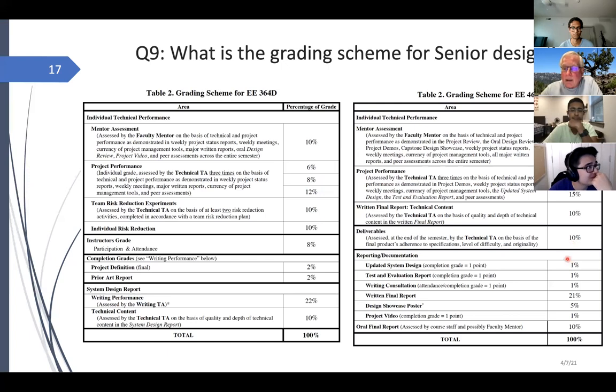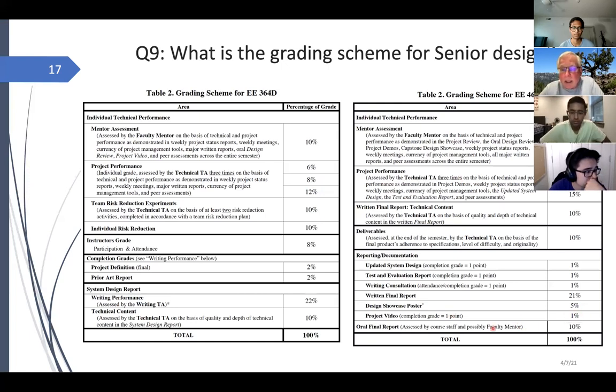And then you can see here's all of the final stuff. After we've graded the reports up here, you just give us the updated ones. You'll see that the final report's 21%, the poster is about 5%, and this changes semester to semester. We may have a project video, we may not. It's only 1%.